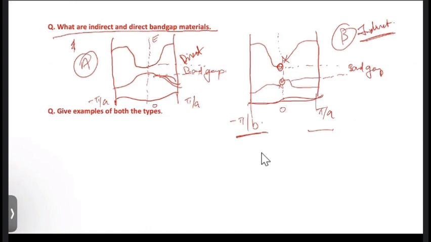What are the properties of direct and indirect band gap? What does it tell about? What do these two energy diagrams tell us about the optical properties of the band gap?